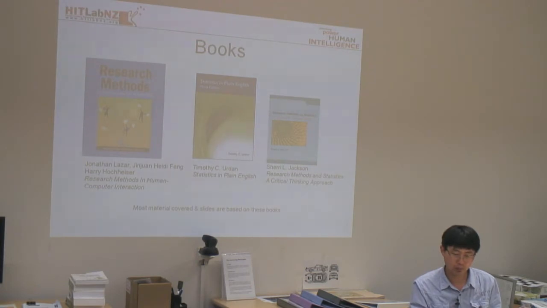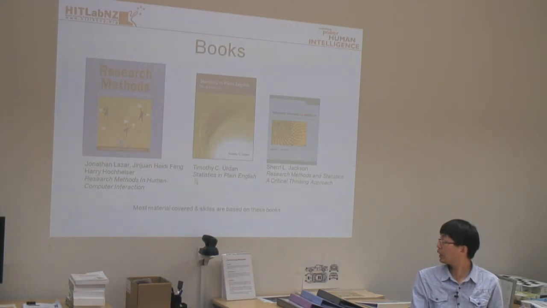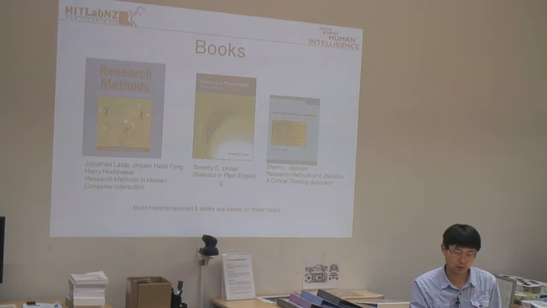And the other books I'll be using from time to time, one is a book about statistics, which, if you haven't done statistics before, might be a good introductory book. But again, whatever material or books you have about statistics, that's fine.